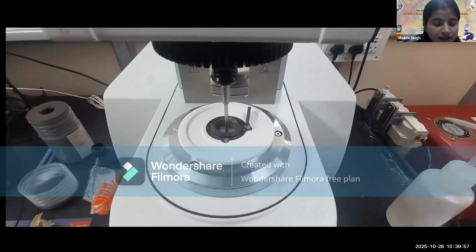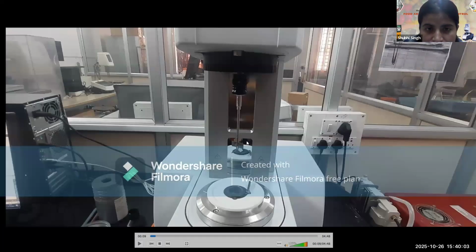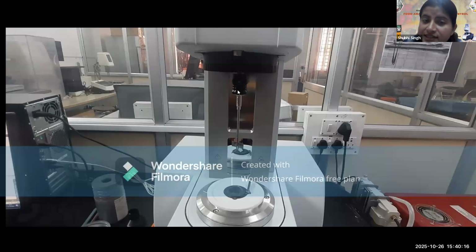Like we have already discussed about the probe, this is the probe, okay? So we have to fix it, and here it is a detector. With the help of detector, you will just insert this probe inside this detector and it will get fixed.